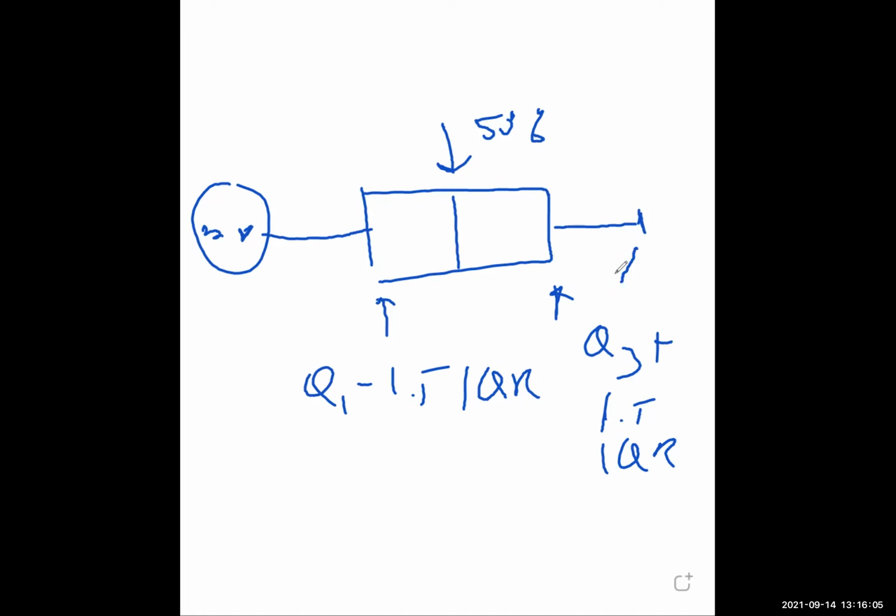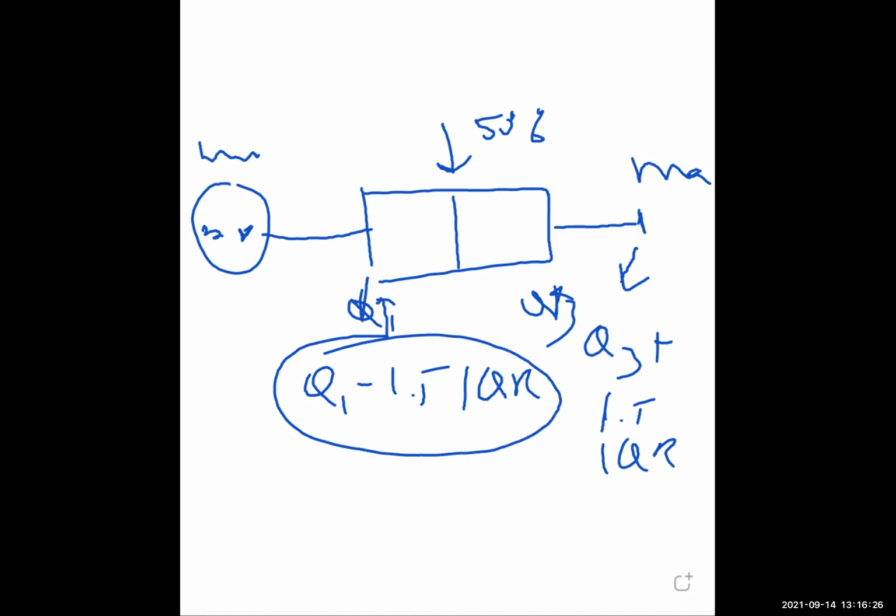Oh, here, this one is Q1 and Q3. Oh, correct, sorry. This is the minimum, this is the maximum, and this is the median. So this one is Q1 minus 1.5 IQR, and here is Q3 plus 1.5 IQR.